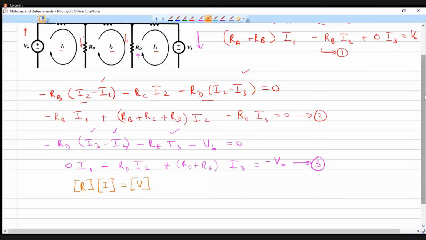How can I write the R matrix? The R matrix is these resistances. So along the diagonal, I have RA plus RB. And the second one is RB plus RC plus RD.